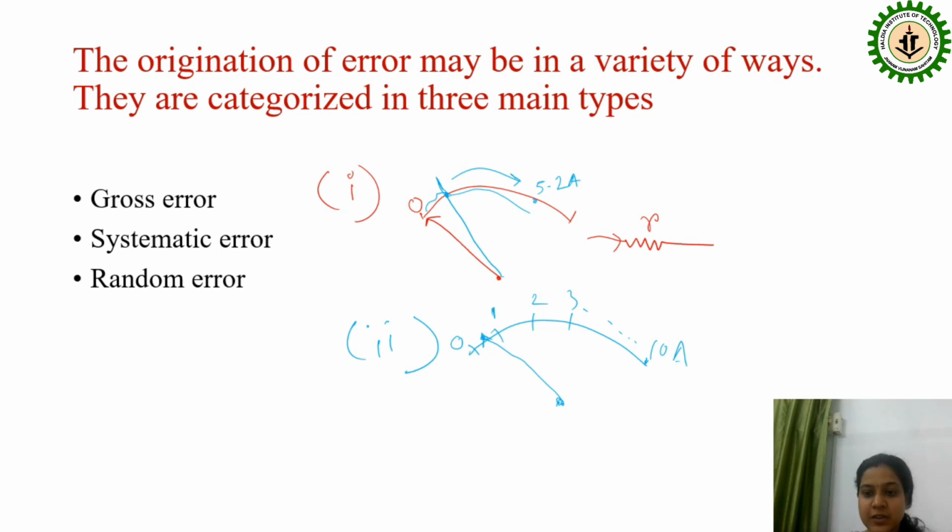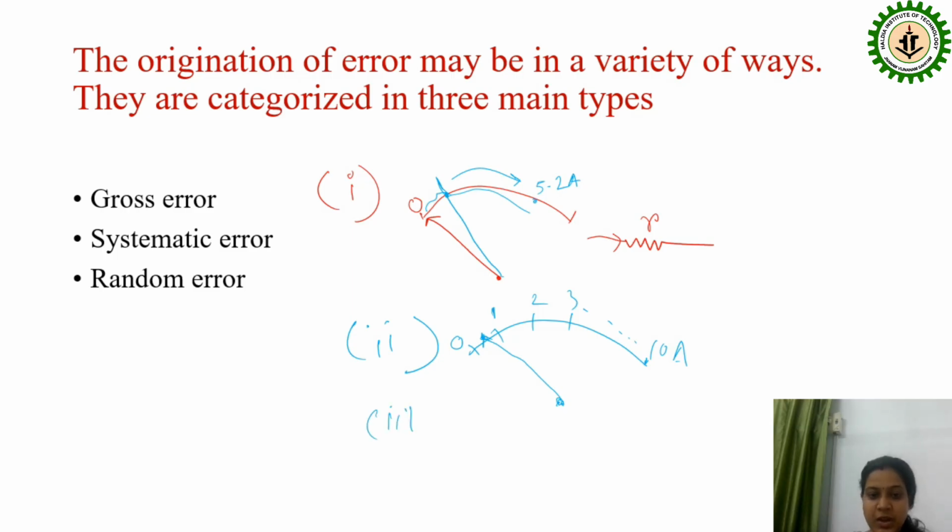So it is not the exact value which we are going to find out. So here we have to assume, okay, as it is in between 0 and 1 ampere current, it may be 0.7 or 0.8, which is not the exact value of the unknown quantity. That's why there will be some error.